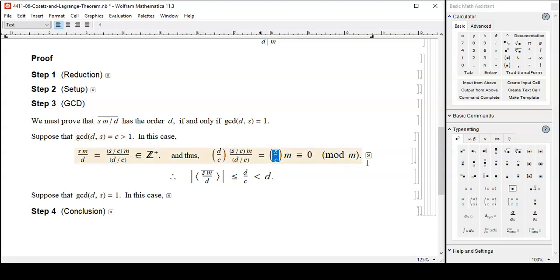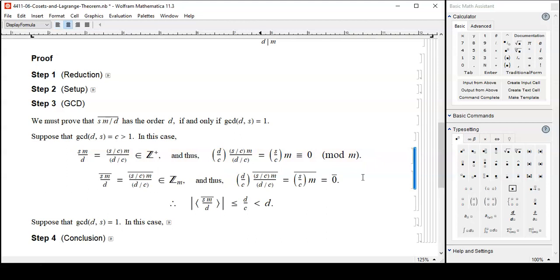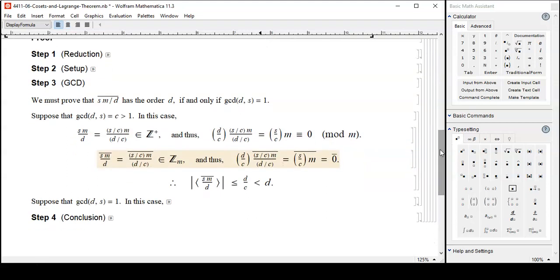So integer times m, that's congruent to 0 modulo m. If you don't like modulo expression, you can just use bar expression. I usually prefer bar expressions. So this Sm over d bar times some integer is 0.